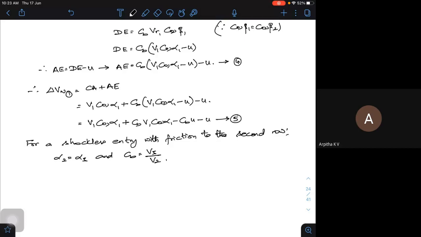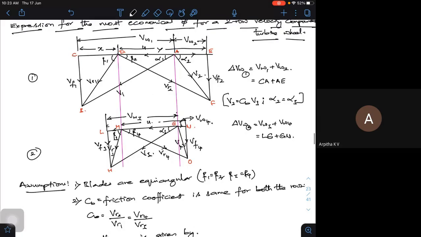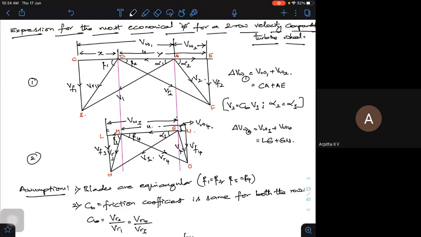Okay. Now let us go to this delta VW. Now, see, I have written it as VW3 plus VW4. Let me write that. So this is LG plus GN.